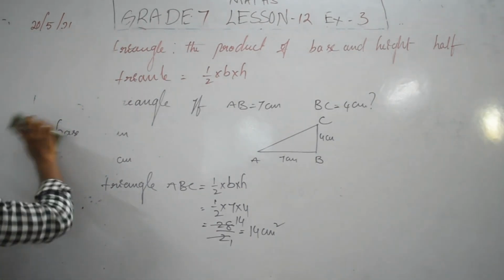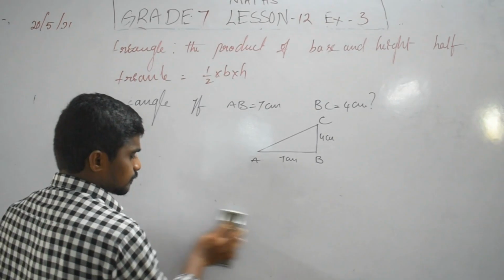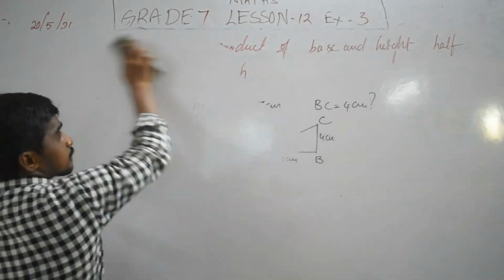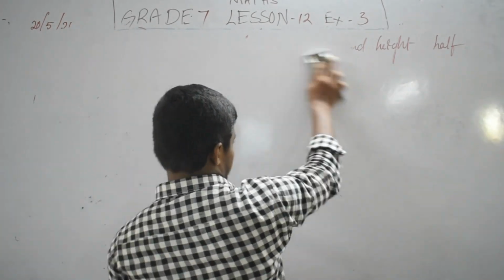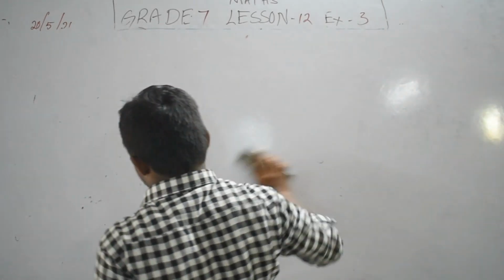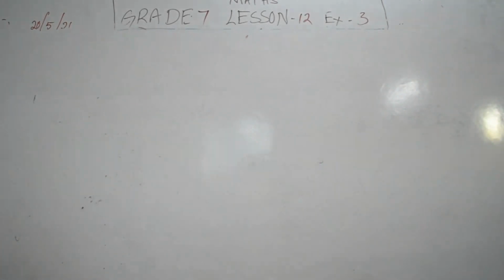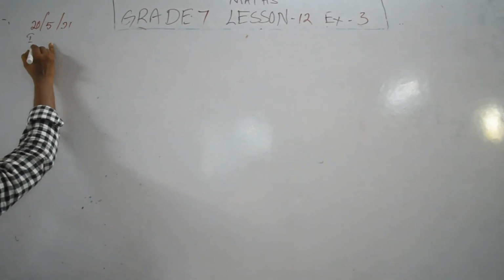So we are going to Exercise 3. Find the area of the following triangles. Now first problem, first one.